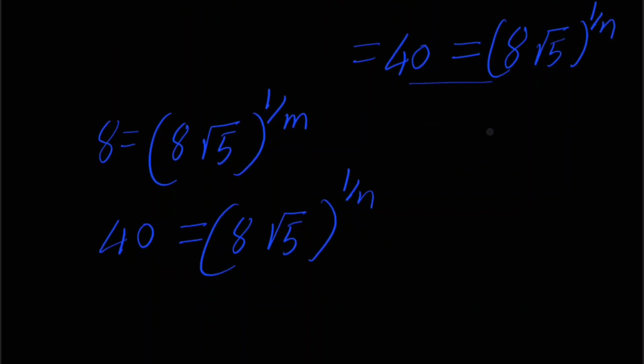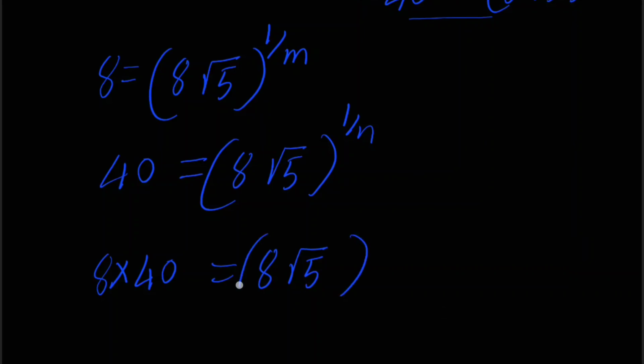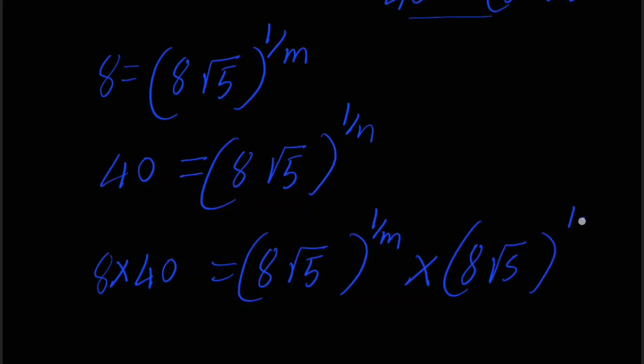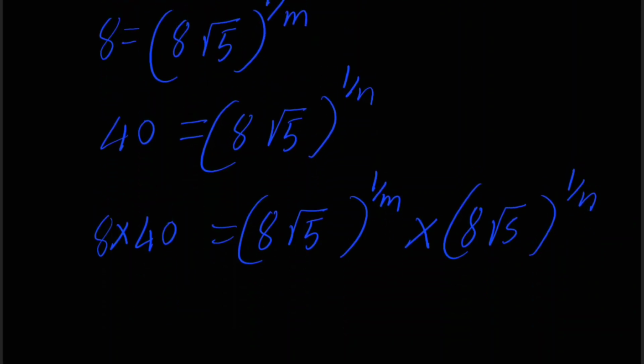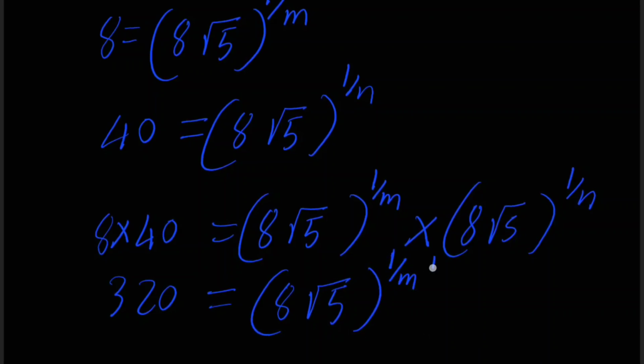From here, we're going to multiply both sides, which gives us 8 times 40 is equal to 8 root 5 to the power 1 on m times 8 root 5 to the power 1 on n, which from here is going to give us 320 is equal to 8 root 5, all this to the power 1 on m plus 1 on n.